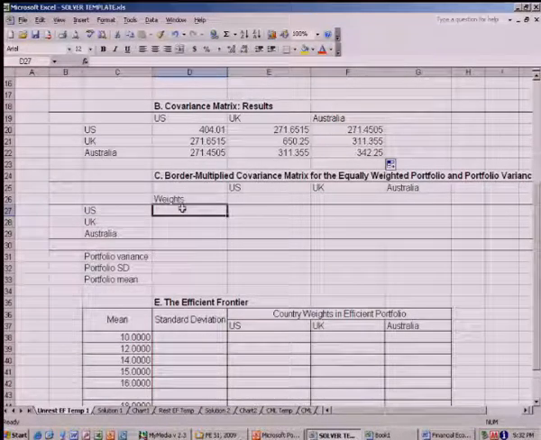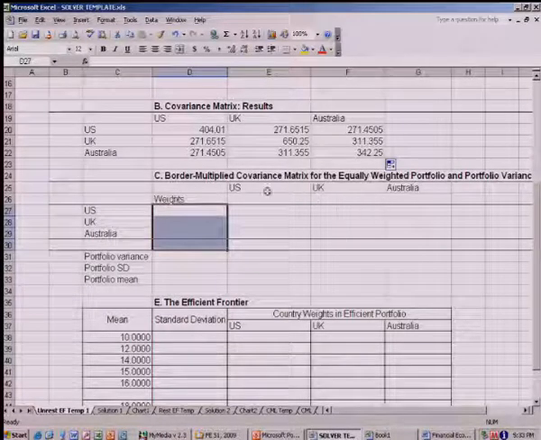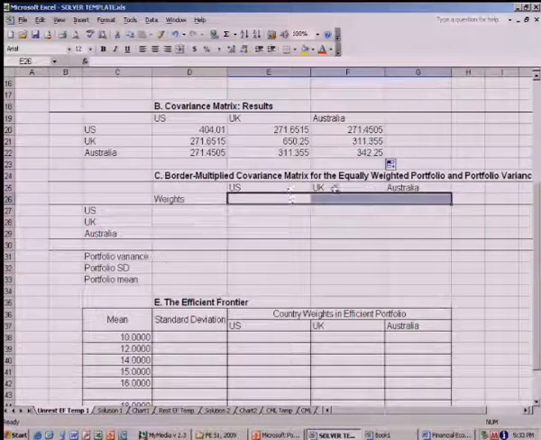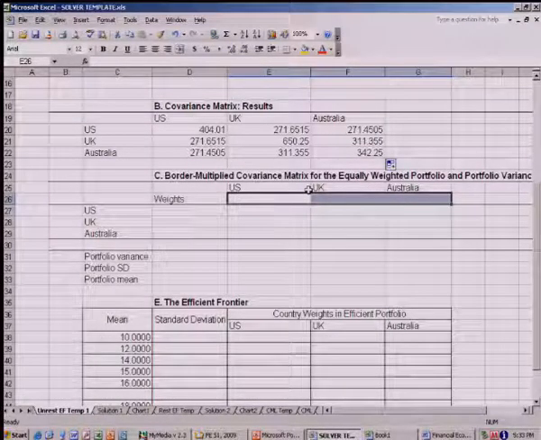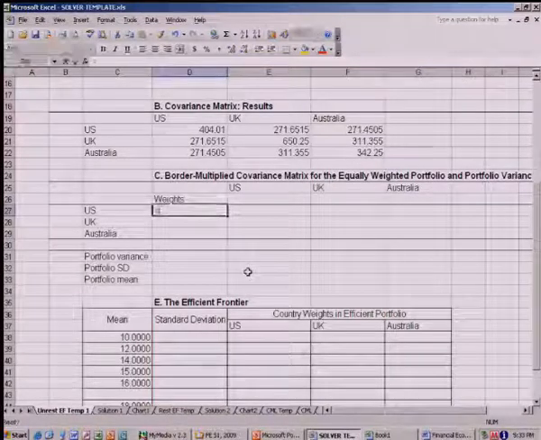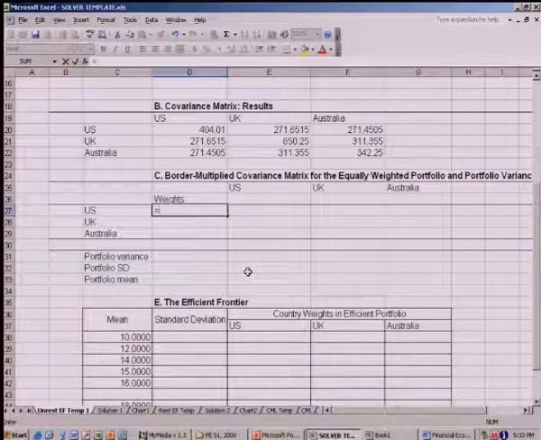You can see that here I have left some space and labeled it as weights, and I also have some space left under the labeling of the different types of assets that we have included in our portfolio.